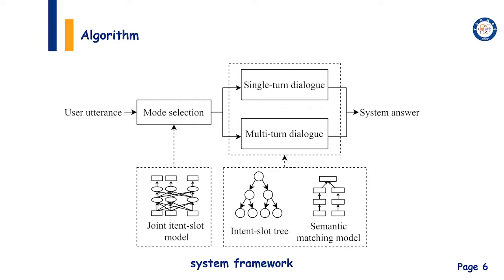It will output the result of intent recognition and extracted semantic slots. When the intent matches the existing intent slot tree, it will go to the multi-turn dialogue, otherwise go to the single-turn dialogue.